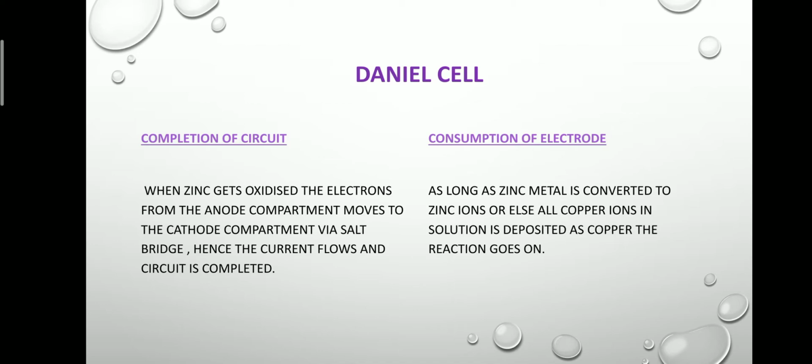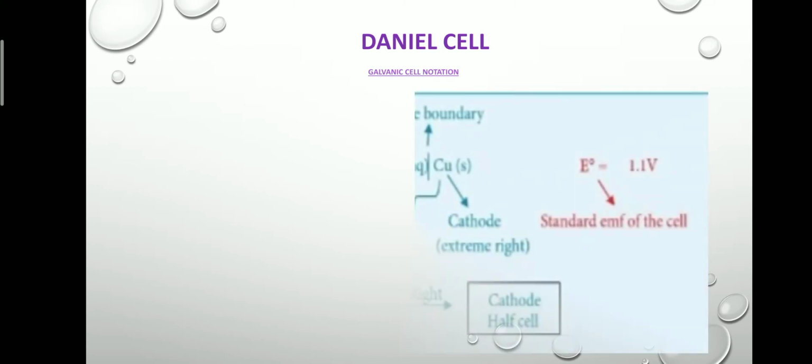When they are consumed continuously, the reaction will stop. So until the electrodes are consumed, or the metal gets deposited on the copper, the reaction will continue. Next is the galvanic cell notation.